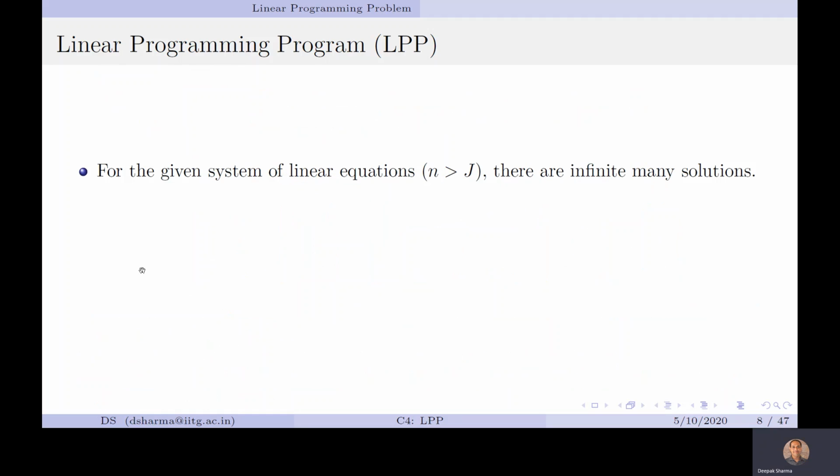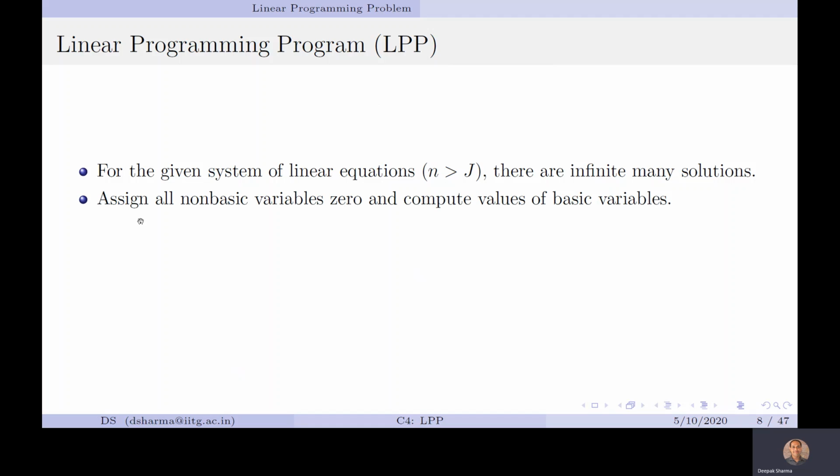Now for the given system of linear equations, what we know is that the number of variables is more than the number of constraints. If this is happening, there will be infinitely many solutions. So in this particular case, we assign all non-basic variables 0. Why? Because they are independent variables, so they can take any values.